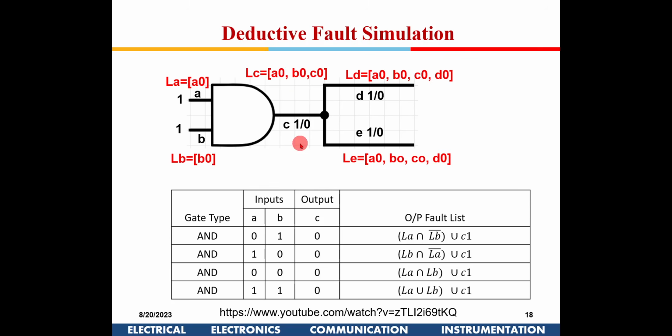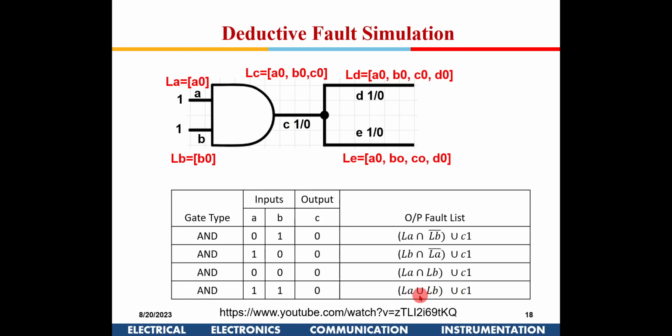So here, if I am writing 1, 1 out here, and I am getting a 0 out here, it means C is stuck at 0, or either C stuck at 0 is correct, or A and B are also stuck at 0.